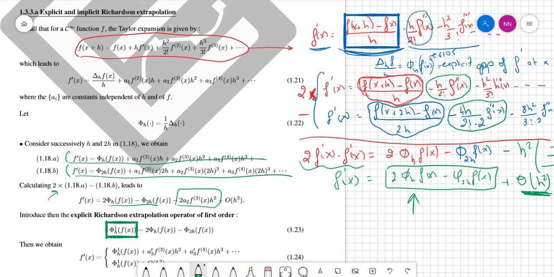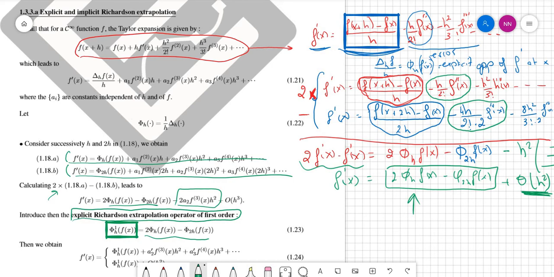It's this approximation 2 phi h minus phi 2h, and this is what I call the explicit Richardson extrapolation operator of first order. Okay, explicit because I'm using explicit approximations. First order because I calculated two explicit approximations and then calculated the extrapolation. I will call it a first order approximation.